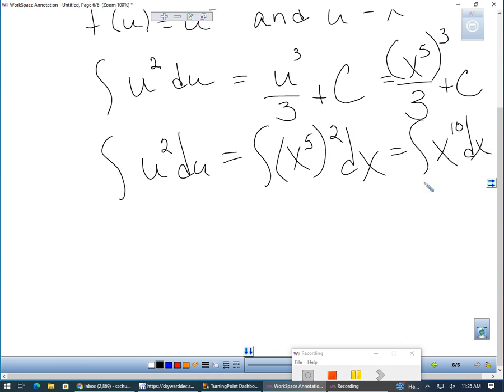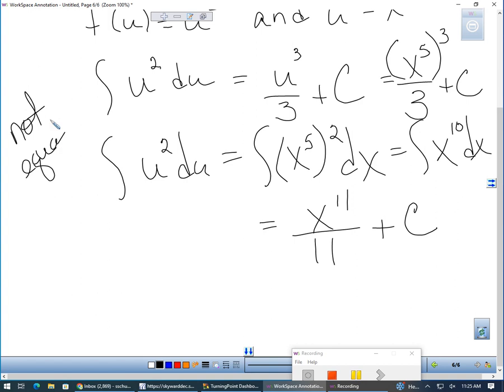What is the antiderivative of x to the 10th? Yes, x to the 11th over 11 plus c. Do these match? They do not. Okay? All of them in this section are going to show you that they are not the same and they do not match. All right? So obviously these are not equal. Not equal. All right?